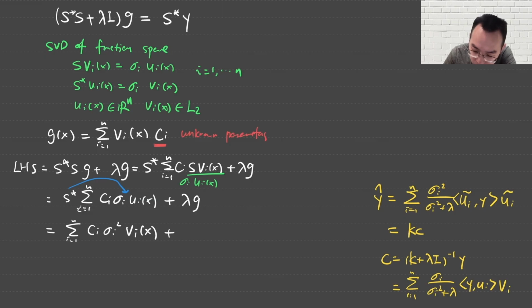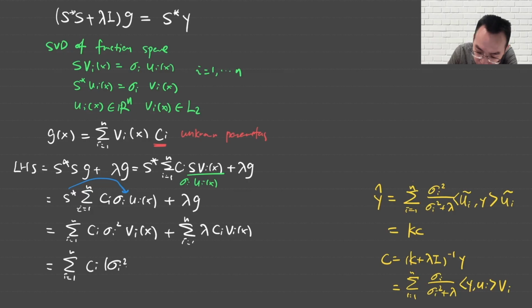Now we can expand this as well, and then we have lambda ci vi of x. Then we can merge these two together. We have ci times sigma i square plus lambda, times vi of x.